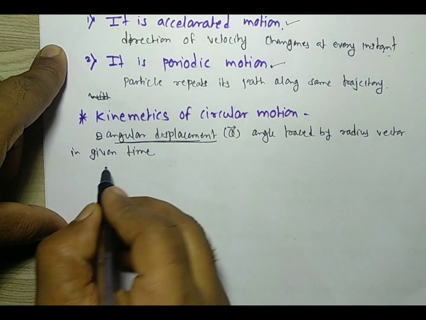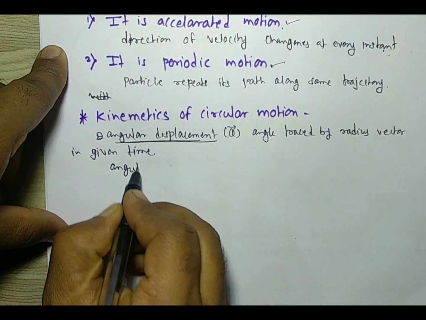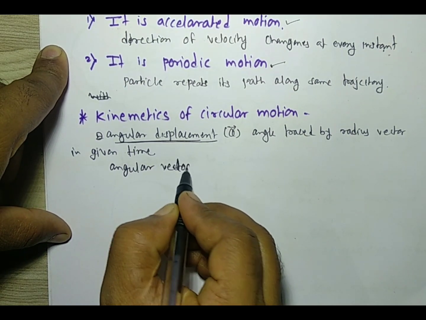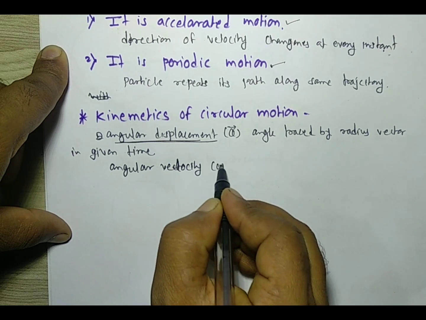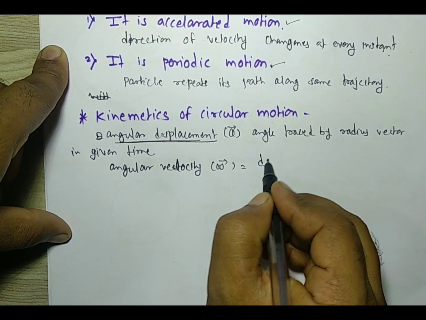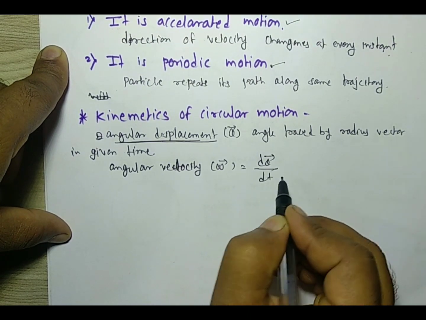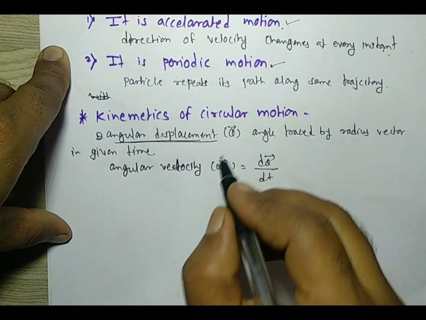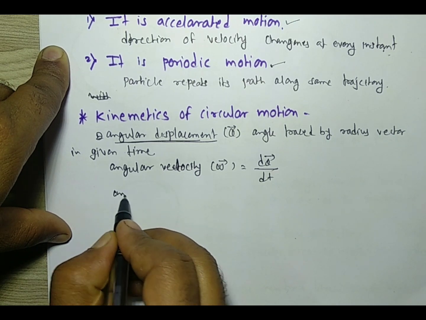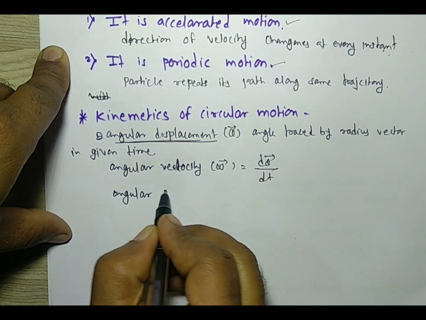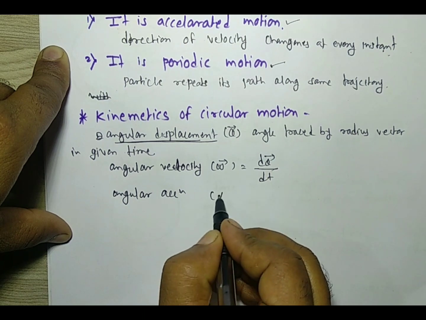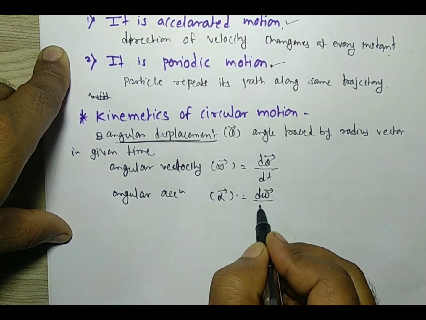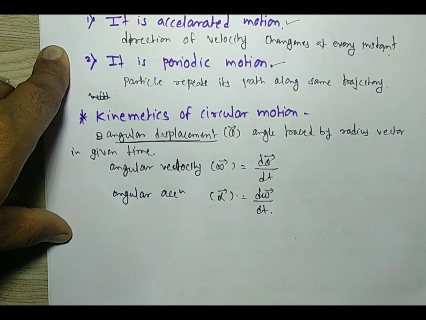Then we know about the angular velocity. It is denoted by omega bar, and it is the rate of change of angular displacement with respect to time. Then we know the angular acceleration, that means alpha bar, which is equal to the rate of change of angular velocity with respect to time.